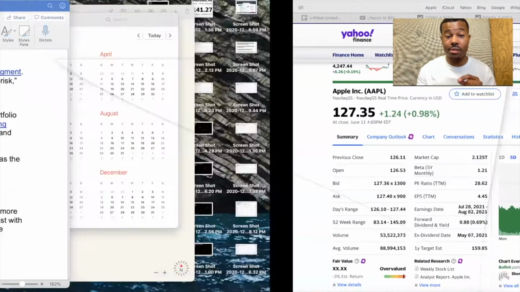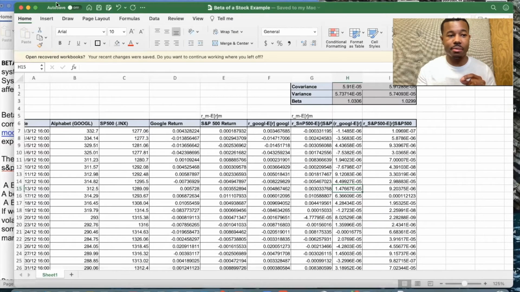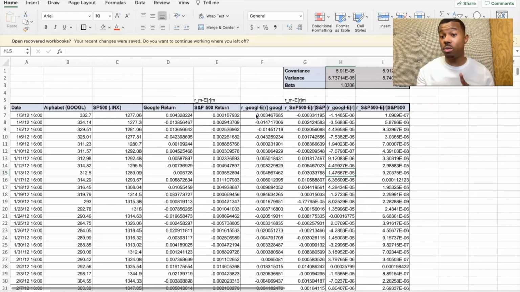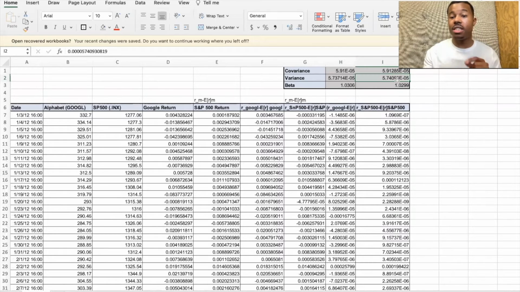I'll pull up my Excel and show you. So boom, this is for Google. This is the covariance and the variance. This variance comes from the S&P 500.